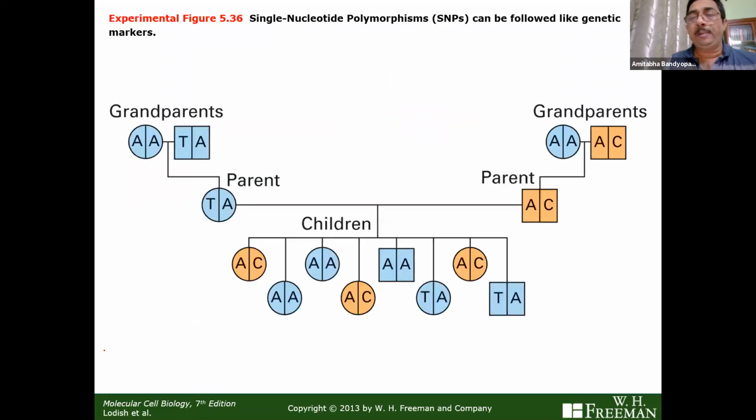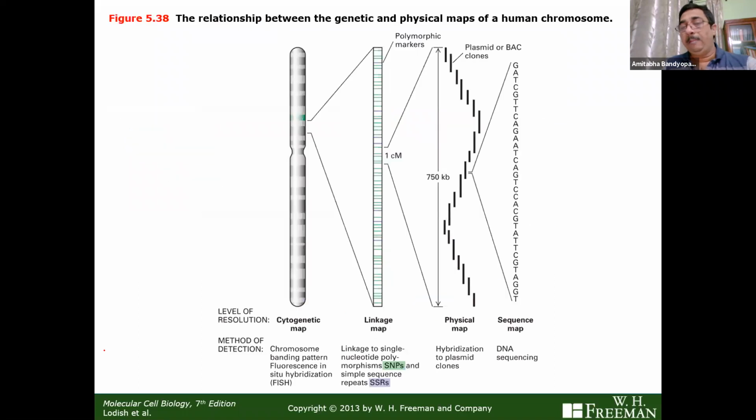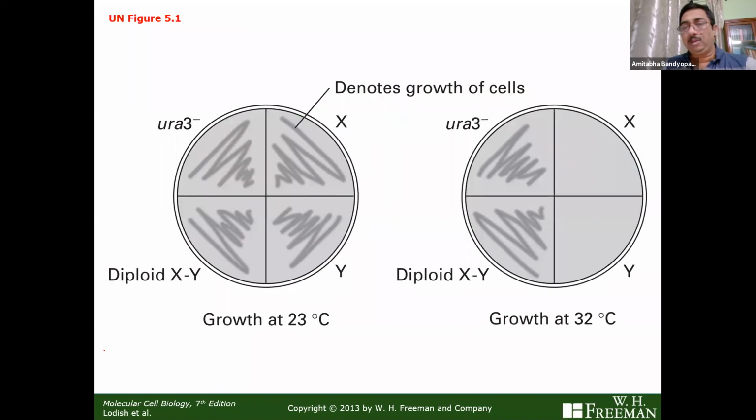With single nucleotide polymorphisms, if you have the ability to sequence many genomes, you can use that to trace inheritance of genes and correlate it with disease phenotype to get association of chromosomal loci with certain diseases, and you can map it into the human genome. There are many things. So that's pretty much it. I do not have anything else to talk about in this context.